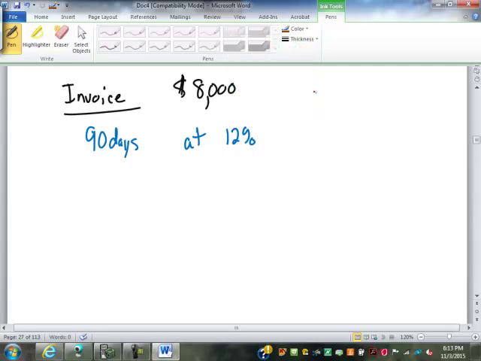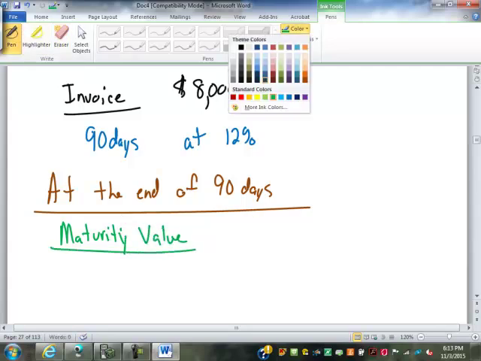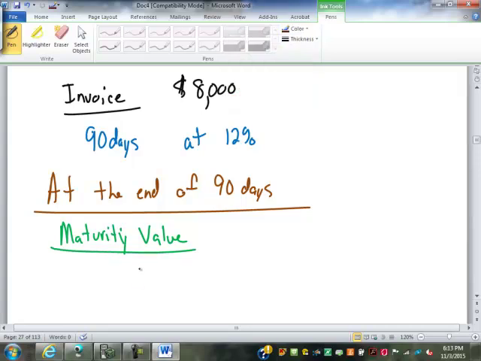So what that means is at the end of the 90 days, the maturity value is going to be that $8,000 plus interest. So the amount of interest is going to be the $8,000 times the 12% times 90 over 360.